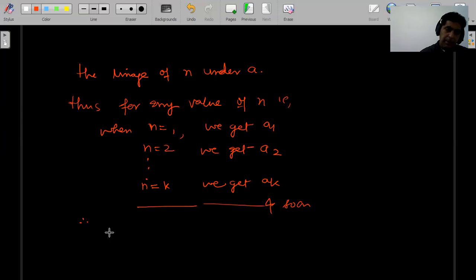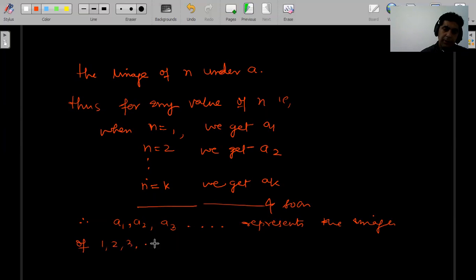Therefore, A1, A2, A3 represents the images of 1, 2, 3 under the map A from N to R.